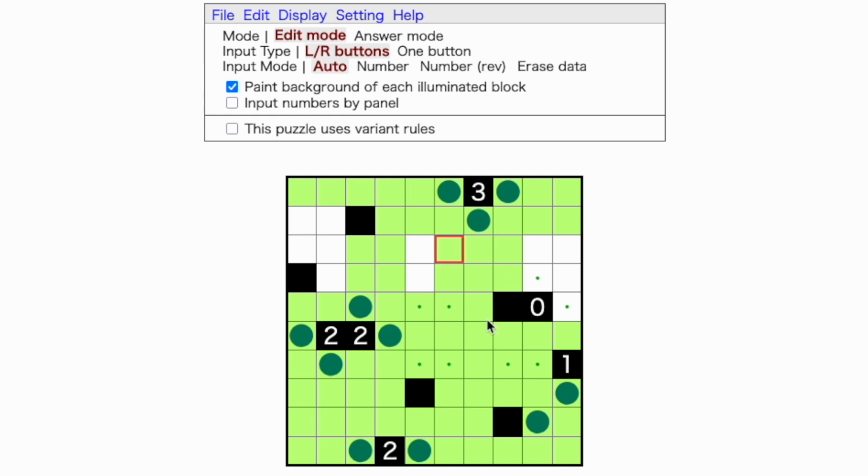Actually, I don't like that being a 2. Let's see if I can do an easier one. Can we force this to be a light by what's going on above?